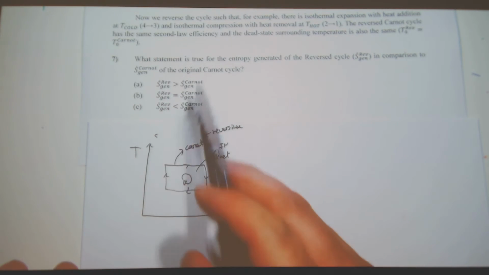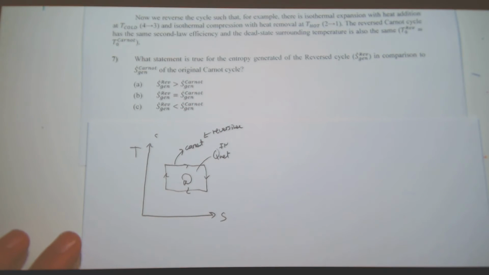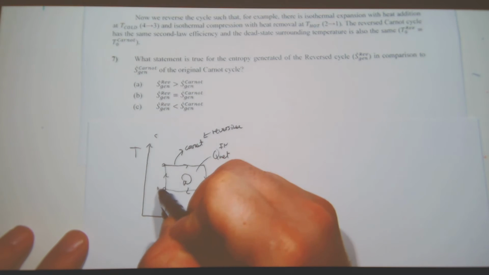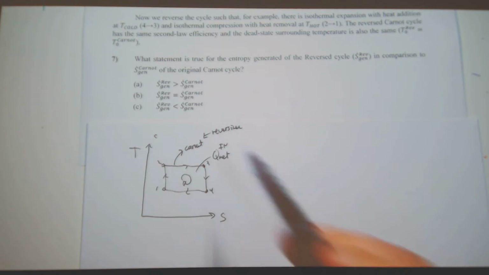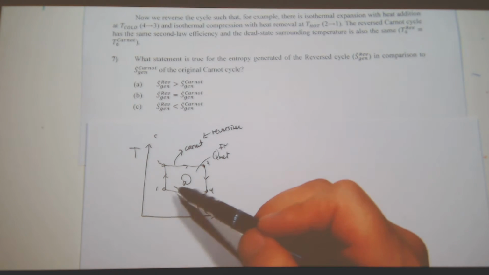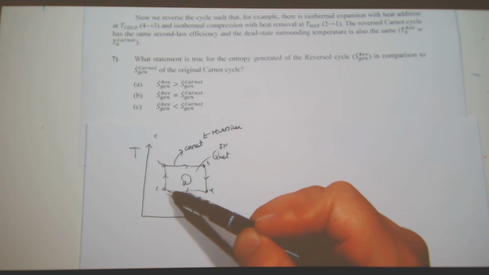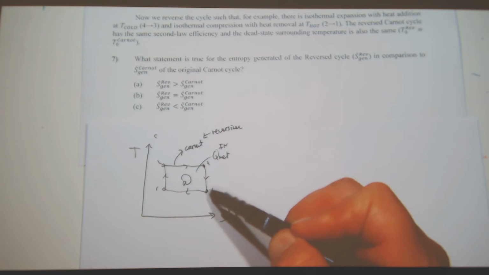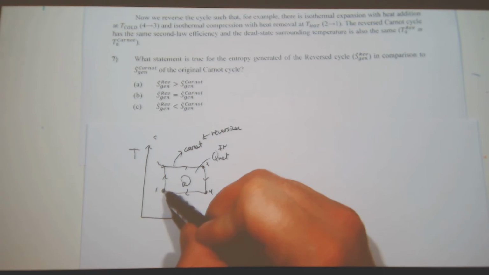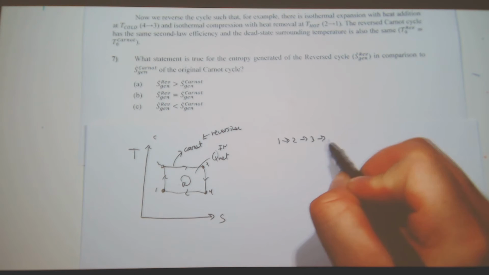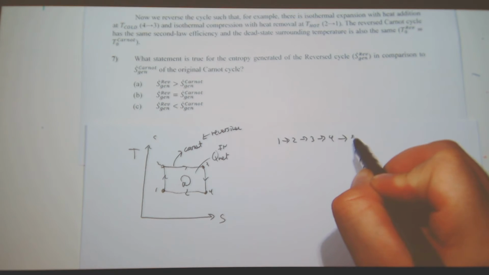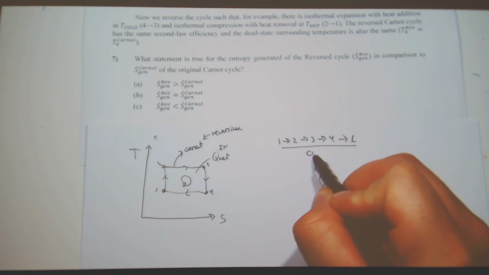Okay, so now we're going to reverse the cycle. In the black is the cycle that went through. I take my Carnot cycle, my system, and I go through one cycle, so I'm right back to here. So I go from 1 to 2 to 3 to 4, and then back to 1.